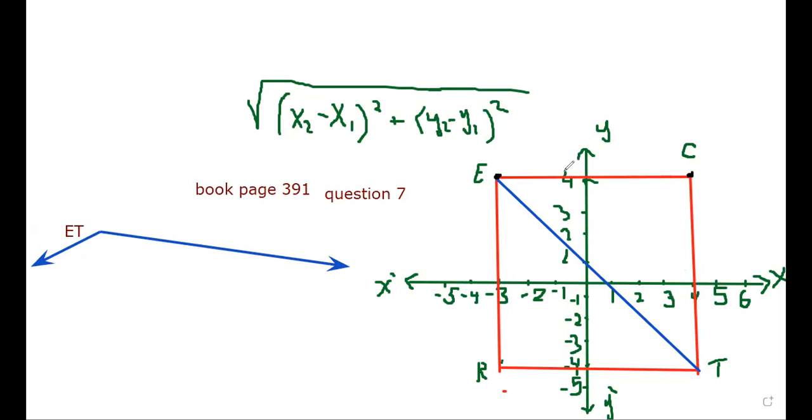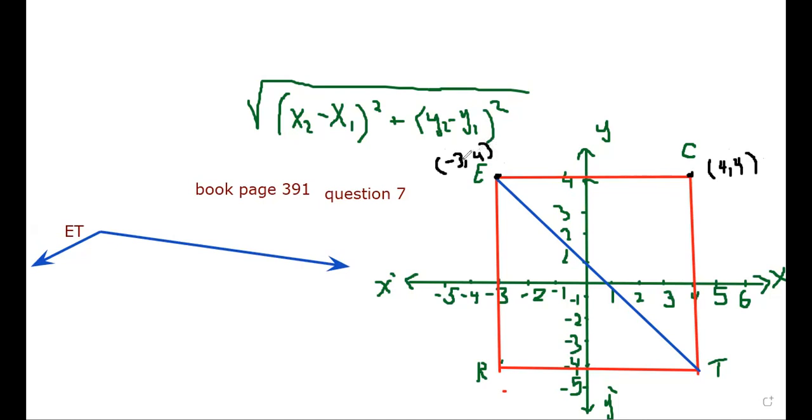And we can also use the absolute value between E and C. This is parallel to the x-axis. If you write the coordinates for the point C, it's 4 and 4, right? What about E? Negative 3 and 4.